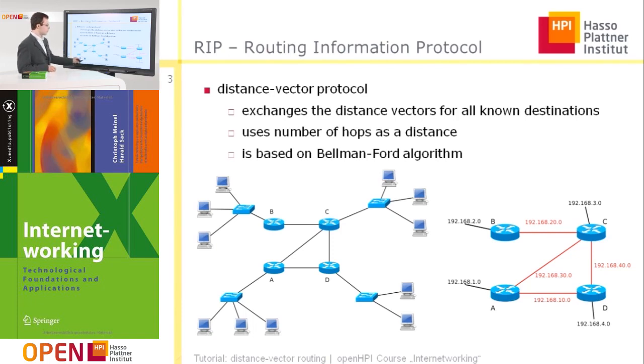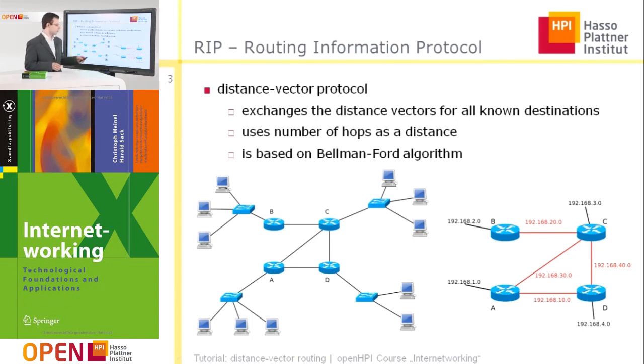The network connected to the router A has a prefix of 192.168.1.0. This network has a 20, and these two have the prefixes 192.168.30 and 192.168.40.